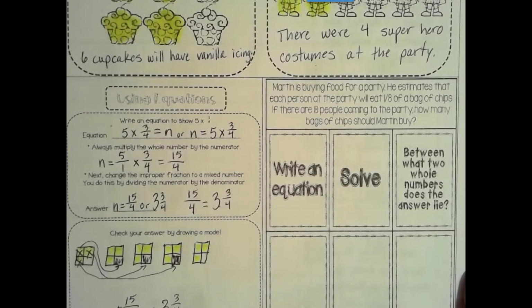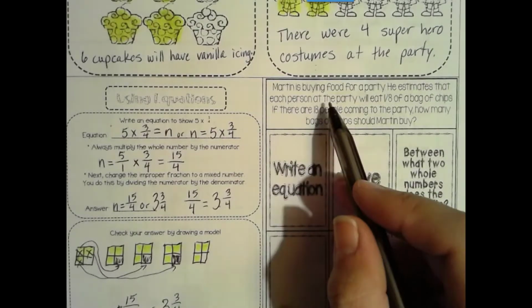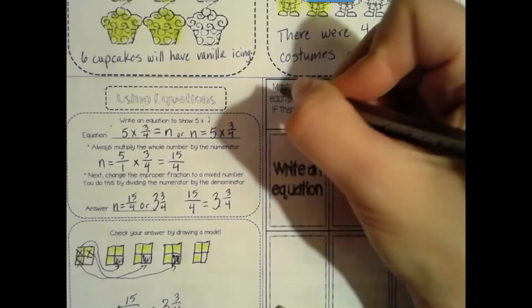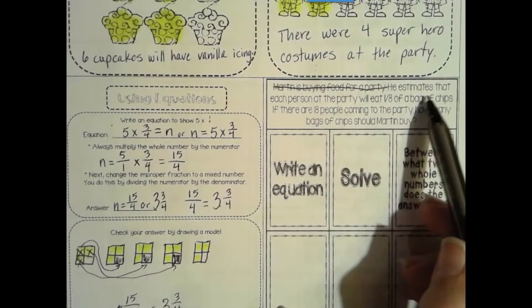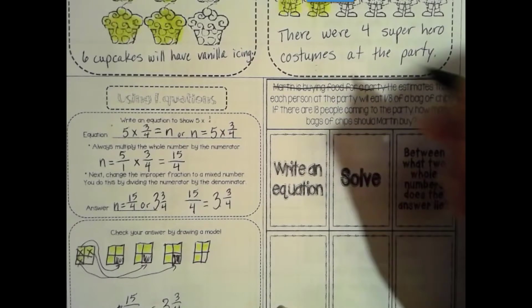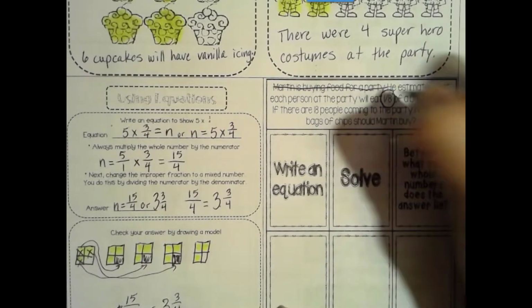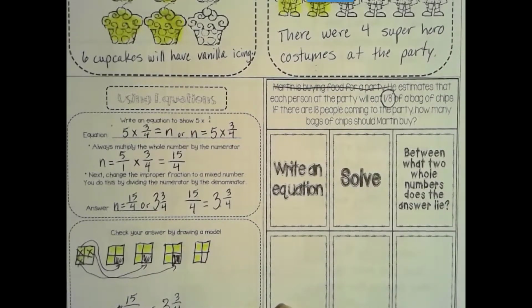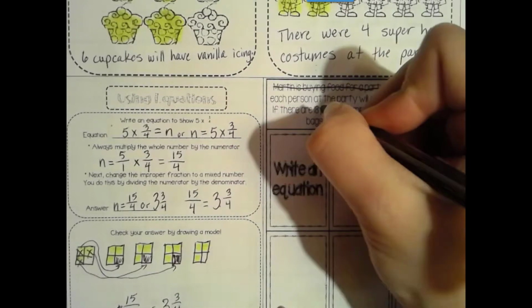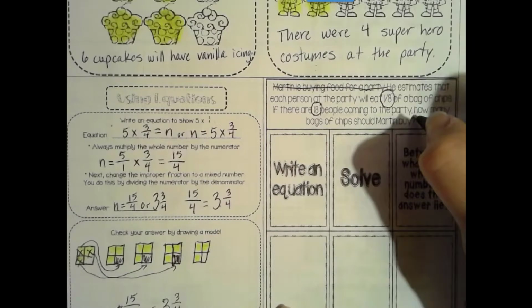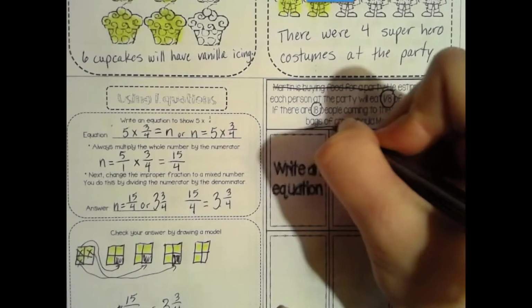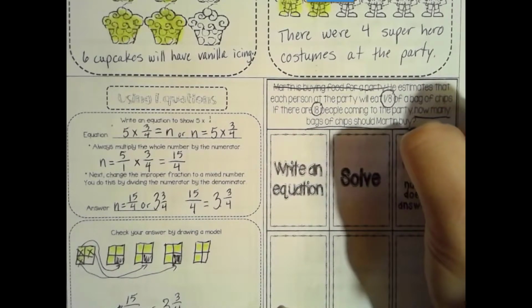So here let's look at a word problem, and we're going to use an equation to help us out. Martin is buying food for a party. I don't really need to know that. That's just extra. He estimates that each person at the party will eat 1/8 of a bag of chips. If there are 18 people coming to the party, how many bags of chips should Martin buy?